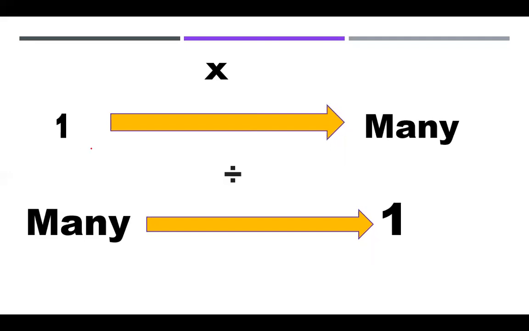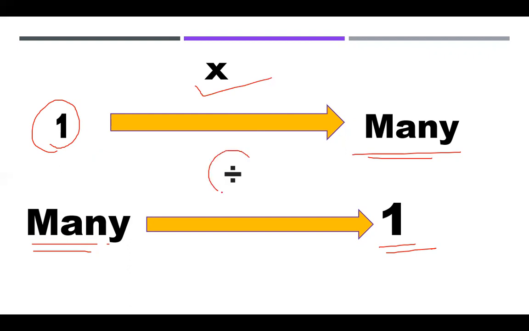So the basic concept is saying that when you have one thing and you need to find for many things, then we will always do multiplication. When you have so many quantities and you want to find for one single unit or one quantity, then we will always use the concept of division.